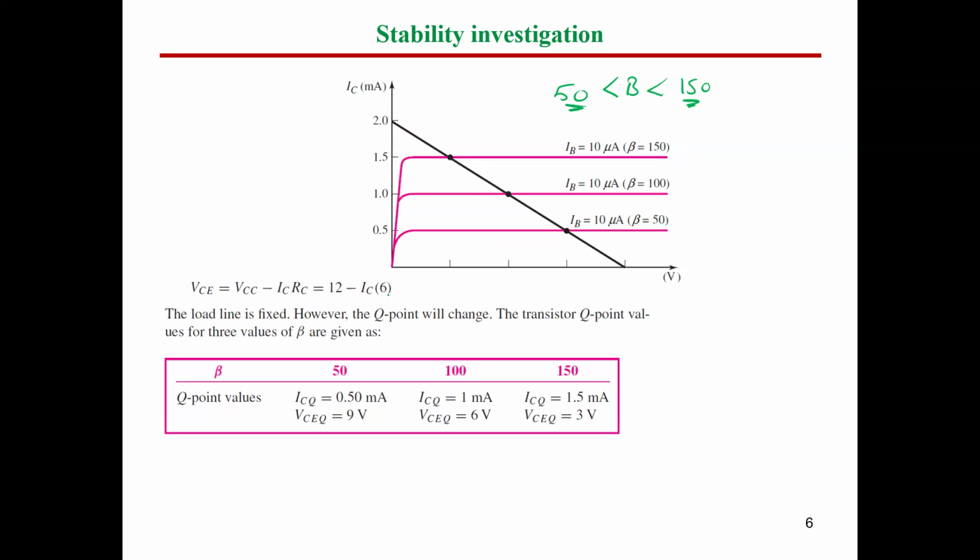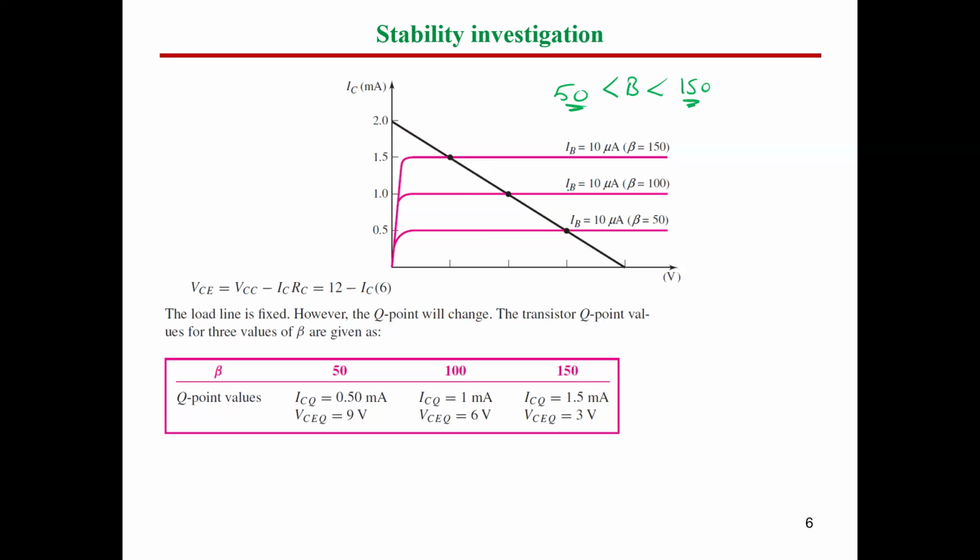The circuit is designed, but we just need to check its stability, meaning how much VCE we will have according to IC. And take care that we said IB equals 10 microampere.